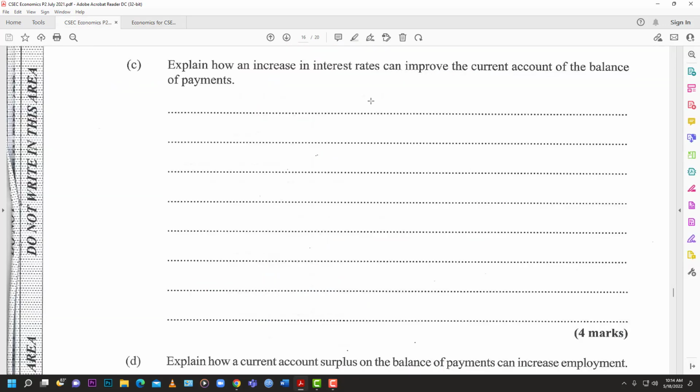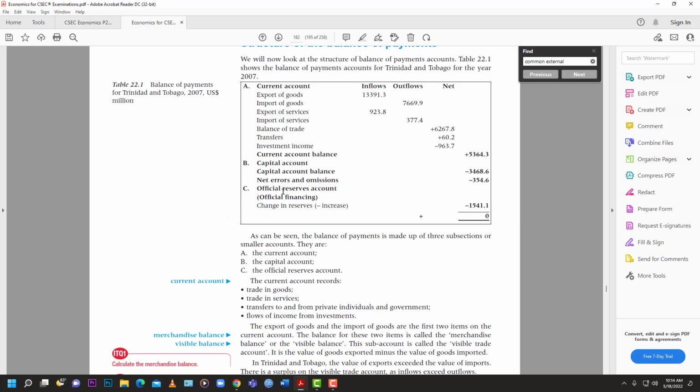Now the question is asking us to explain how an increase in interest rates can improve the current account of the balance of payments. In order to improve the current account, we have to do one of two things: reduce imports or increase exports.